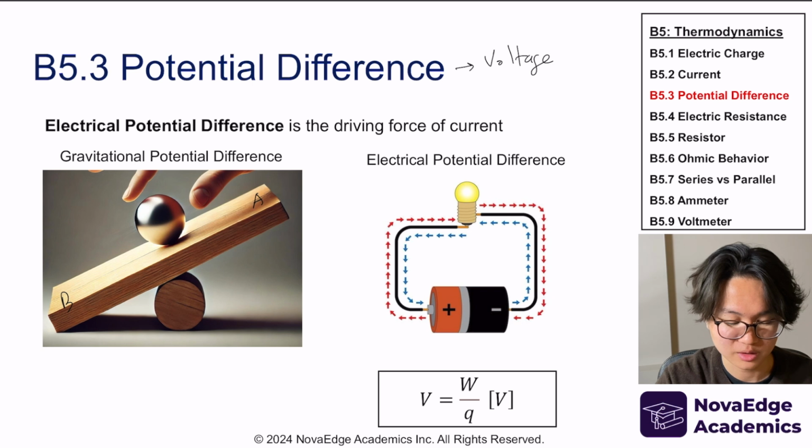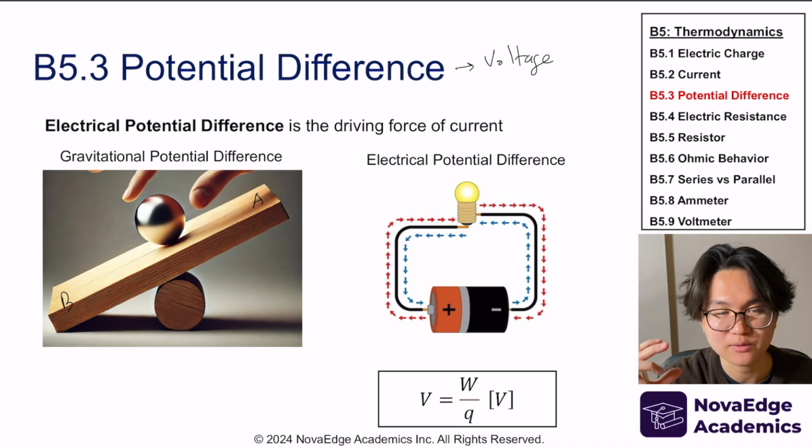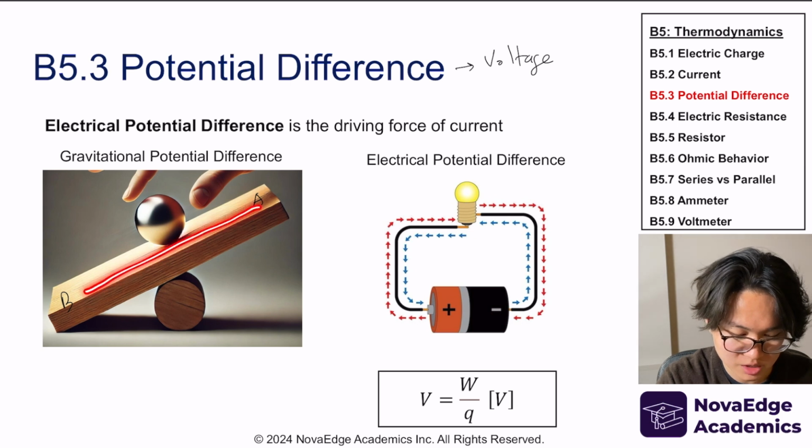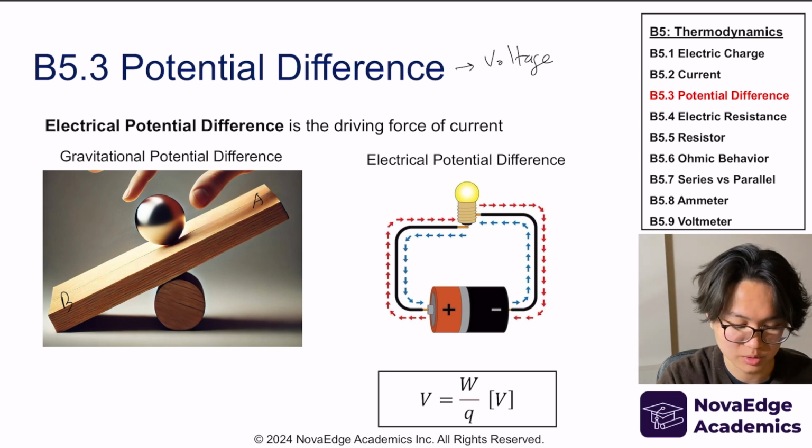More specifically, it's because there is gravitational potential difference between A and B. And what this means is there's an energy level difference between A and B. A has higher gravitational potential or higher gravitational energy than B, which has lower gravitational potential or gravitational energy. So because there's a difference in potential, it flows from A to B, okay?